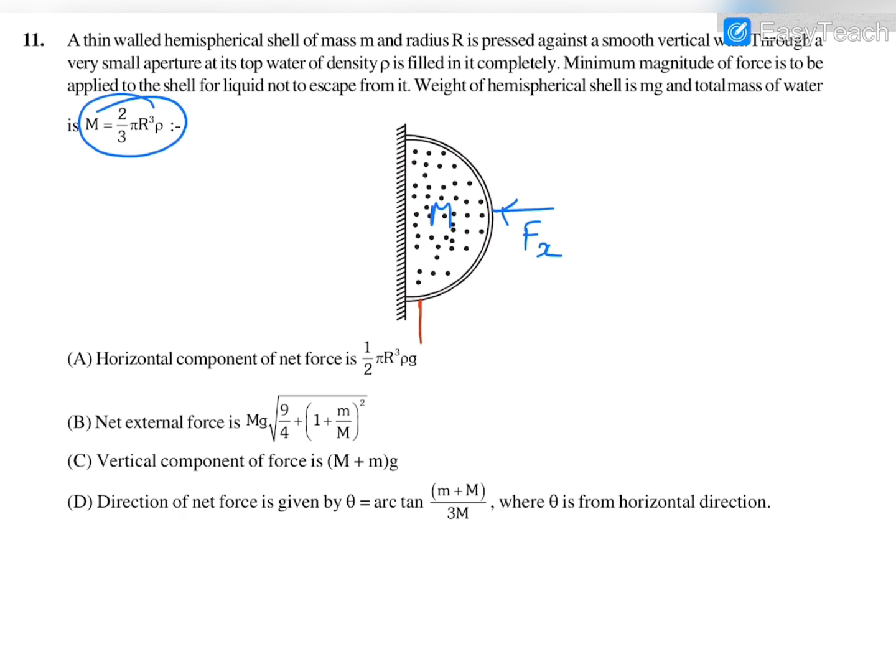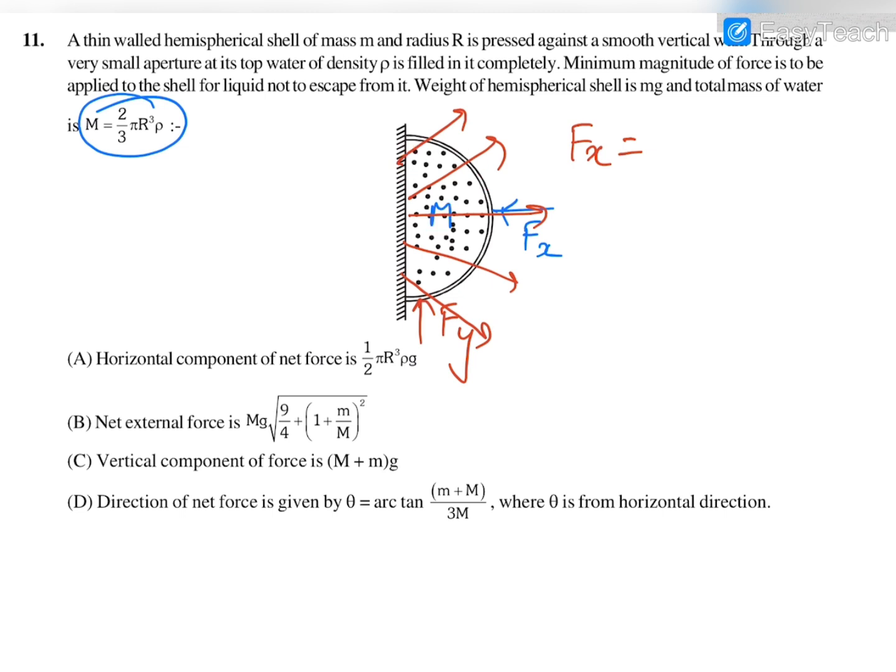Now obviously to balance this shell we have to apply a y component of force also, and the Fx, the liquid would be applying some force on the shell like that, and therefore the value of Fx, which is the horizontal force which we have to apply to press this shell on the wall, is equal to the x component of the pressure force applied by the liquid on the shell.